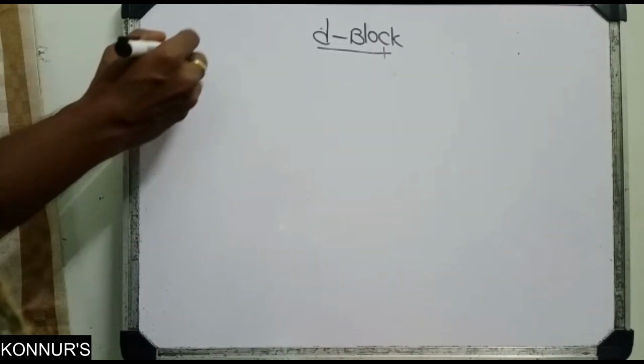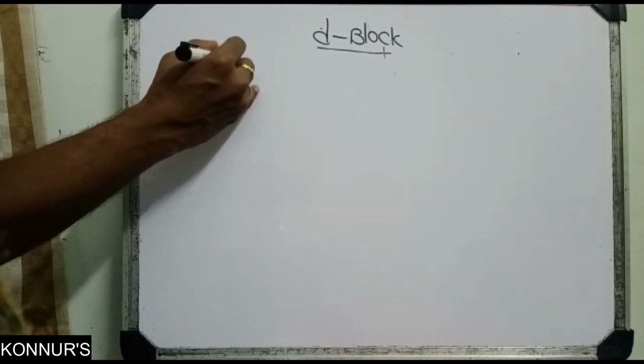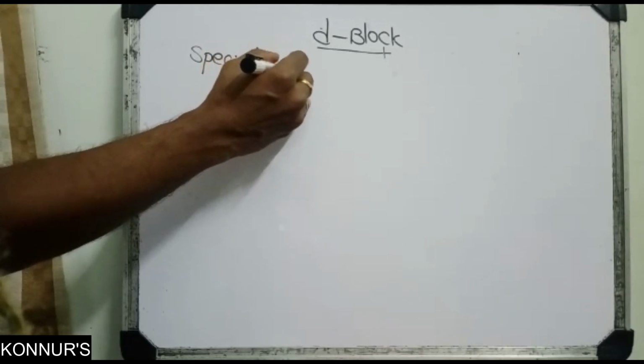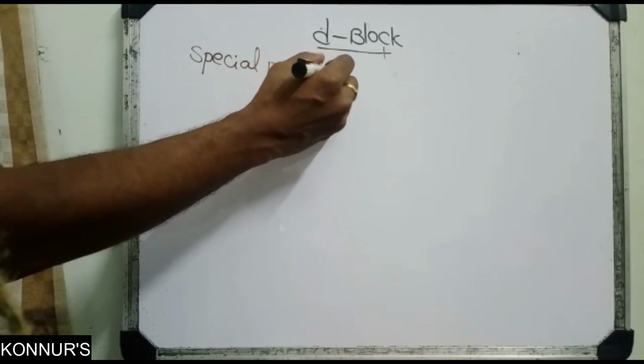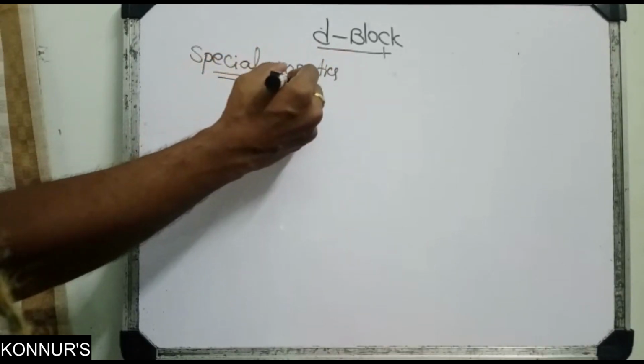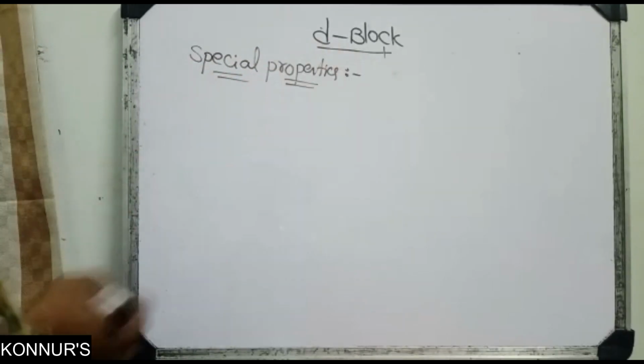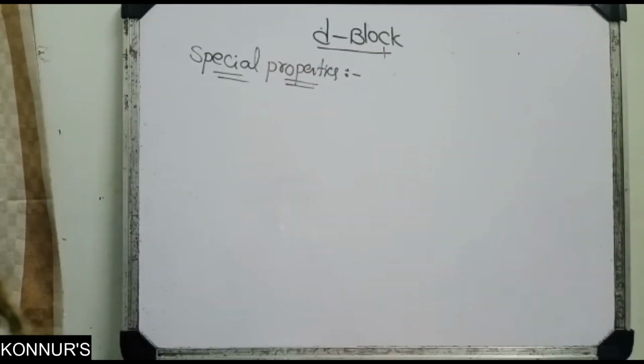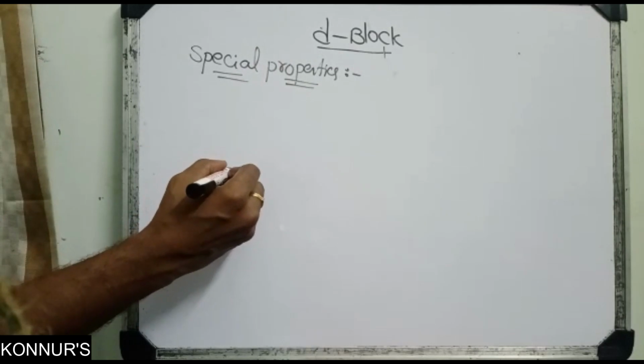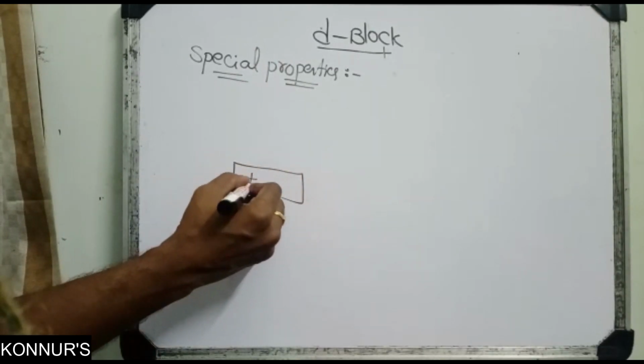Next, the special properties. These are the special properties of D block elements only, and they are important. For remembering purposes, I will give you one shortcut diagram.